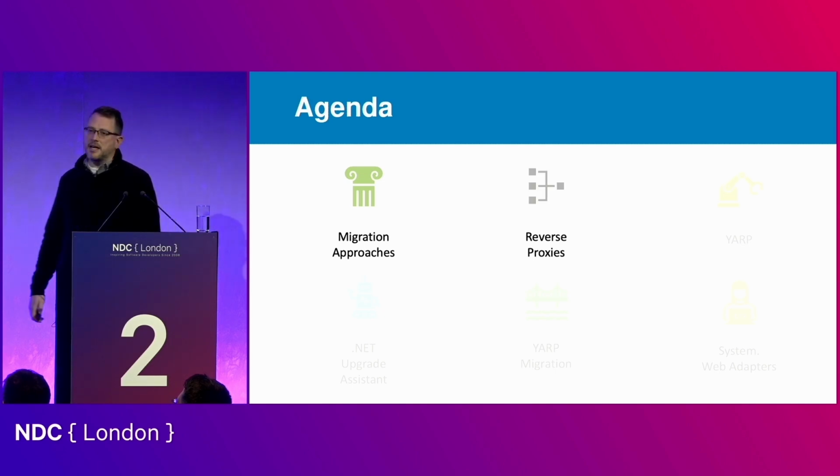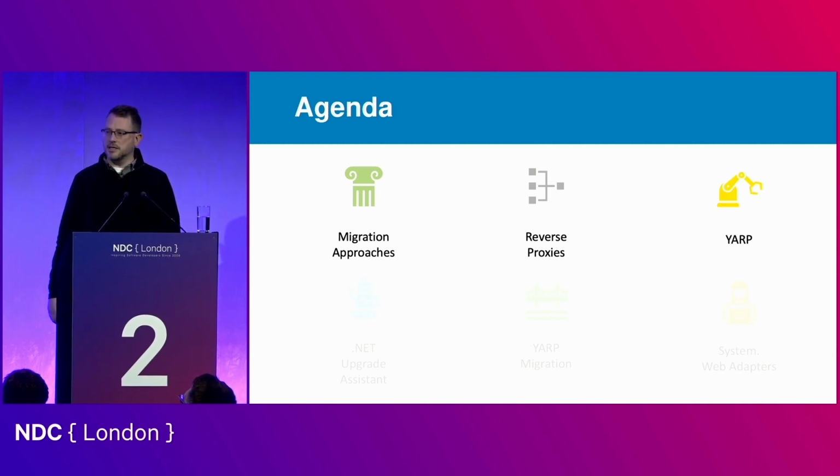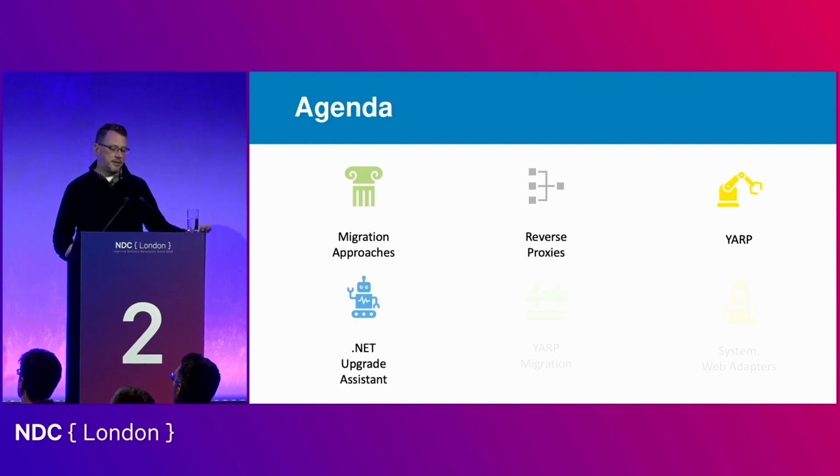We're going to talk about how reverse proxies play a role in that, something you may or may not already be familiar with. We'll talk about a reverse proxy called YARP specifically, and how you can use that. Also talk a little bit about the .NET Upgrade Assistant and how we can leverage that to make these migrations easier.